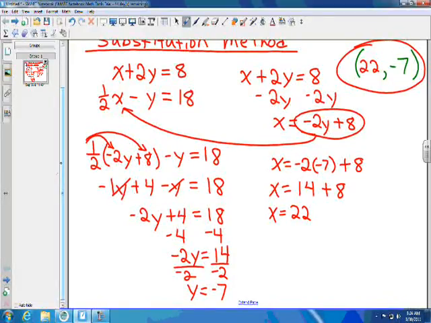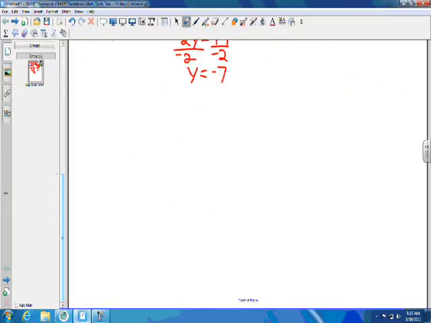Let's see, here are your steps. If you want to write some steps to follow for substitution, step 1, what did we do in the first step?